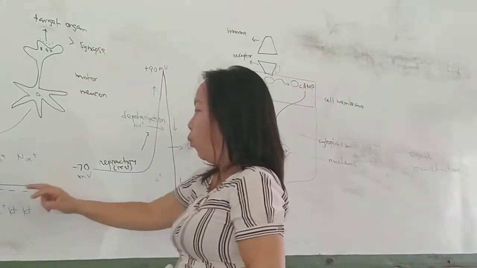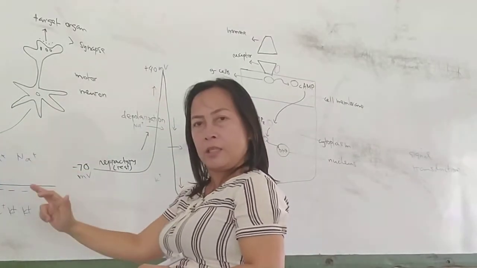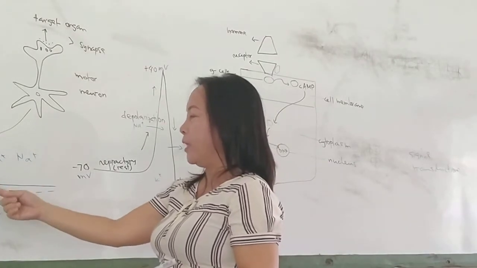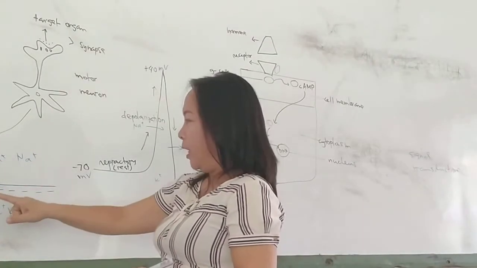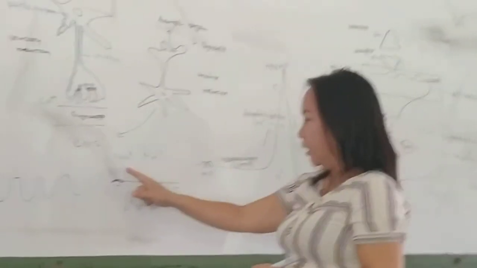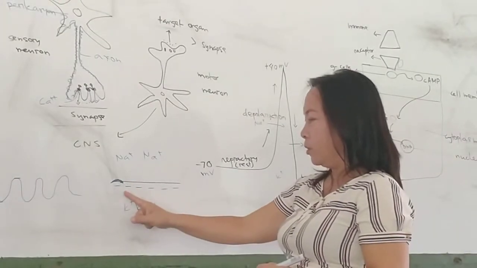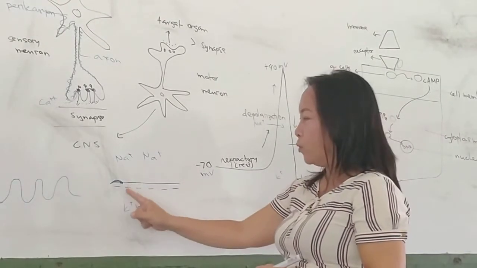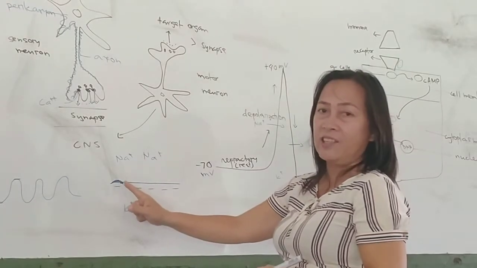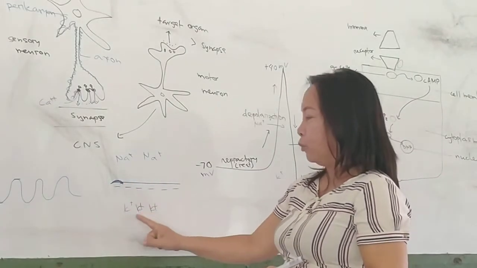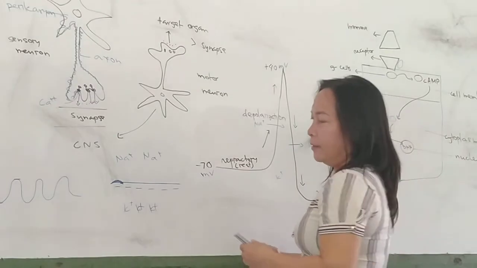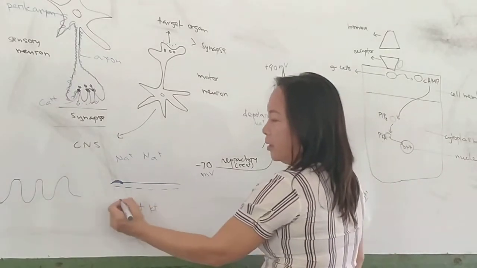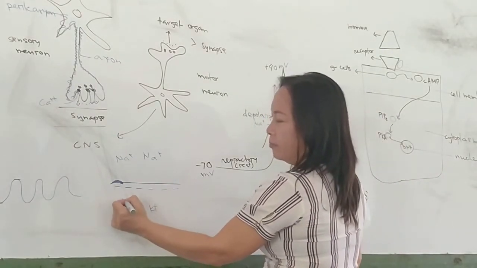Now, when there is already information traveling, what happens is that sodium is permeable to the membrane. So, sodium enters, because this gate is open for sodium. The potassium gate is not. So, what happened? The negatively charged membrane becomes positive.